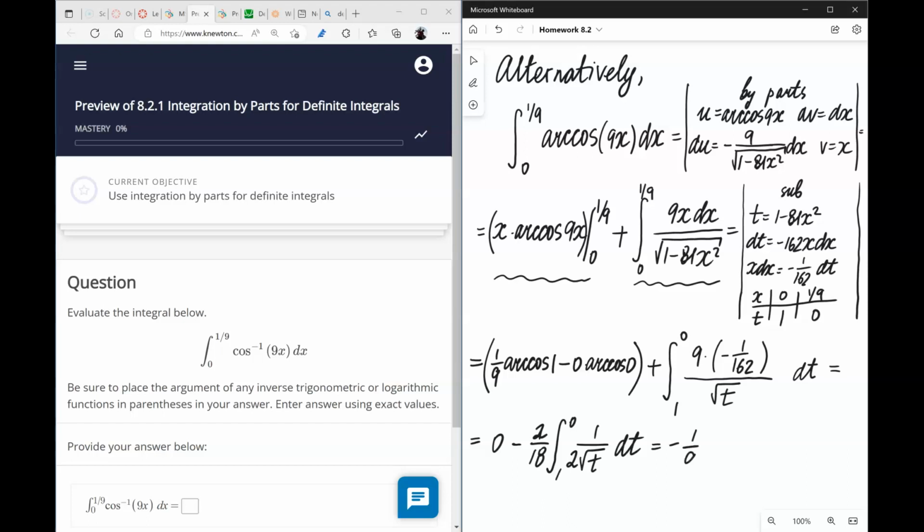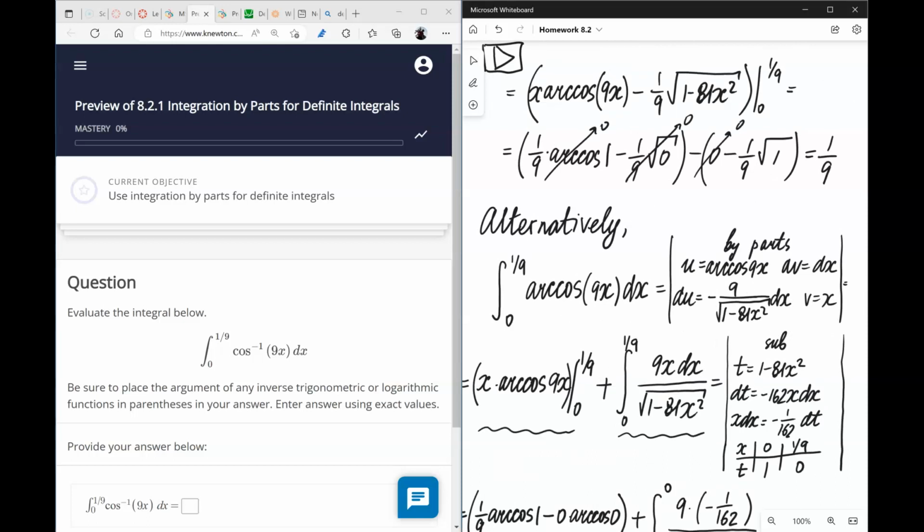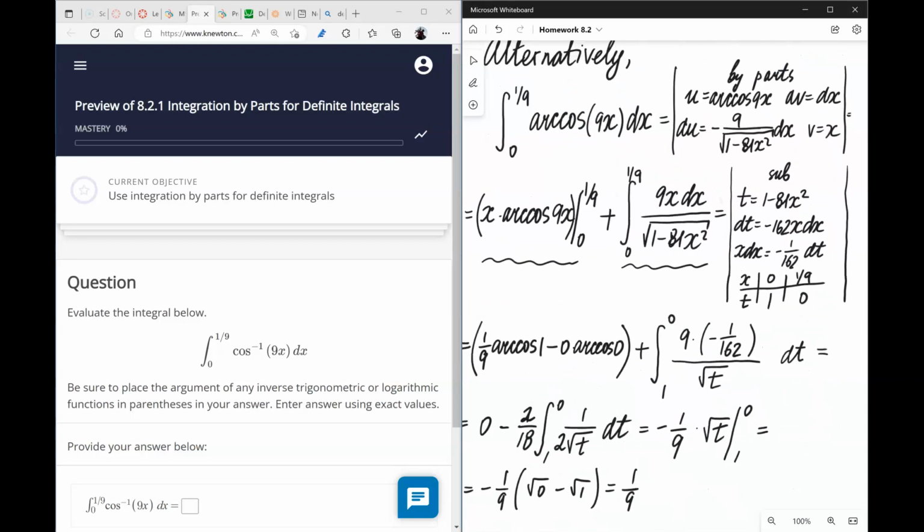It's going to be negative 1 over 9 square root of t as my antiderivative, but remember, it's a definite integral, so we evaluate it at the given limits. And finally, we just plug it in: square root of 0 minus square root of 1. And the answer is 1/9, which should be the same as we got originally.